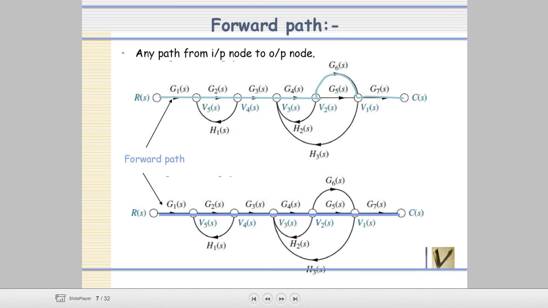Can I take like this? No, because this arrow has direction in this way, so we can't take this as a forward path. Only if the arrow direction is forward can we take it as a forward path.